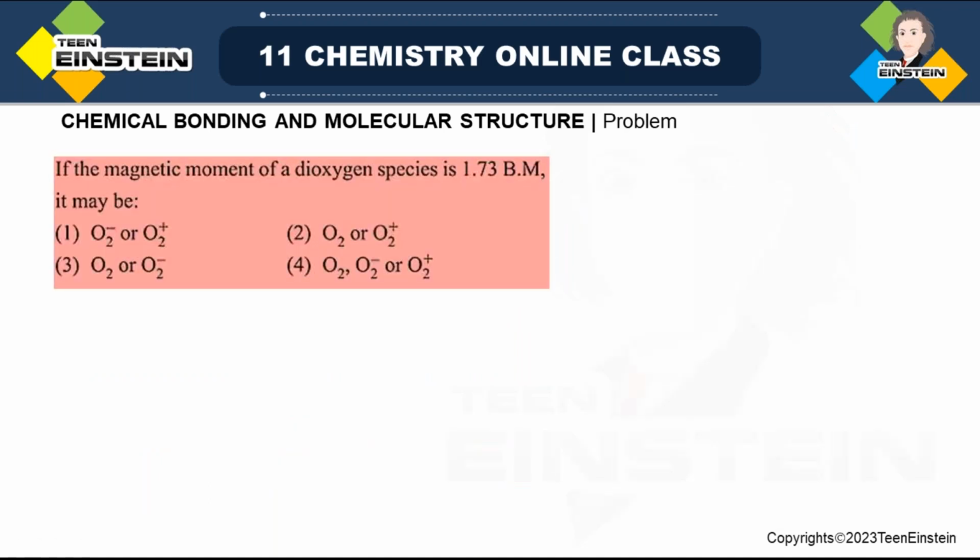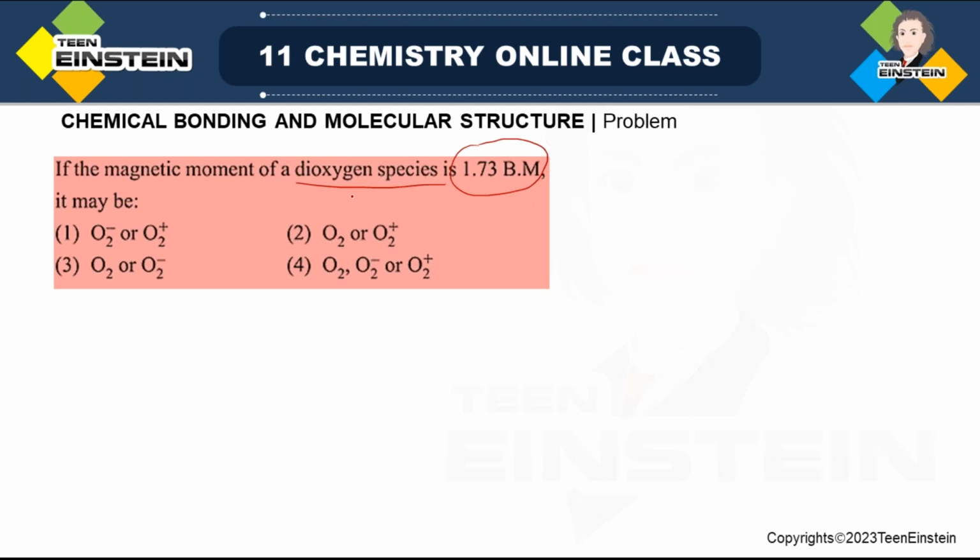Next problem. As I have said, you can get many types of questions, and you can see this is also related to oxygen species. If the magnetic moment of a dioxygen species is 1.73 Bohr magneton, from this information you have to choose the correct option.